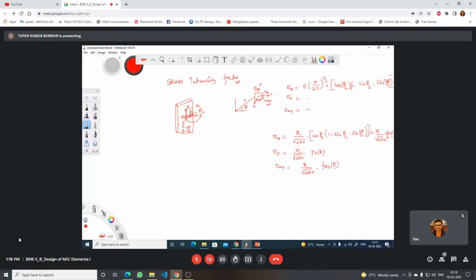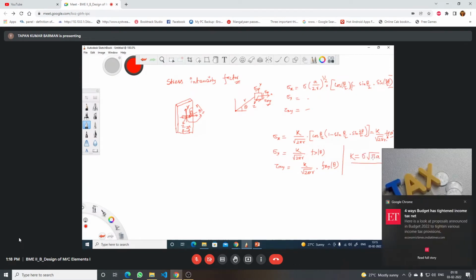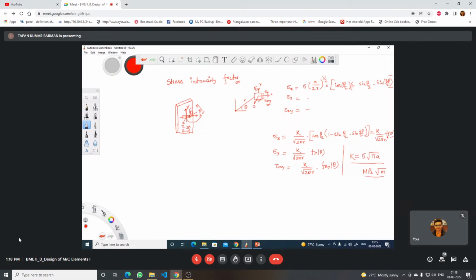So this way we may estimate that thing. And K is basically here sigma root pi a. And the unit should be how much? If sigma unit is MPa, the unit is MPa root meter.